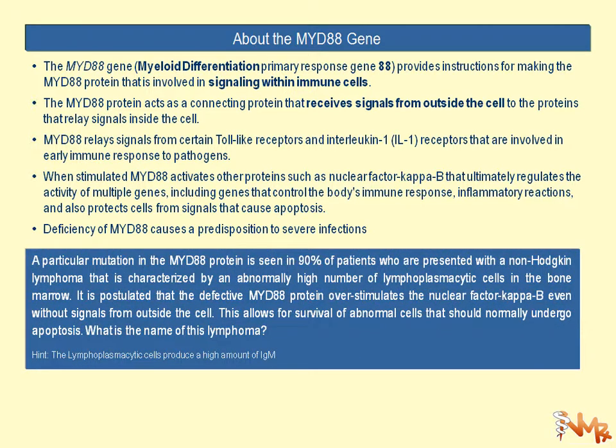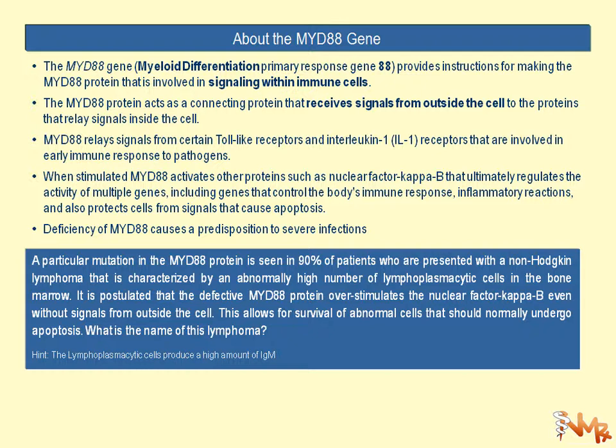And another high-yield fact, the best way for me to present it is in the form of a question for you. A particular mutation in MyD88 protein is seen in 90% of patients who present with a non-Hodgkin lymphoma that is characterized by an abnormally high number of lymphoplasmacytic cells in the bone marrow.